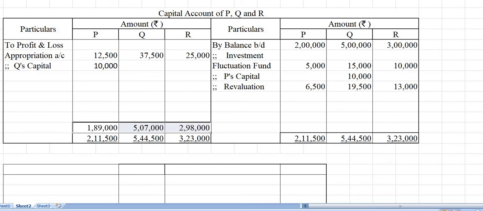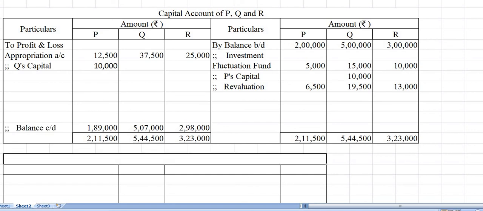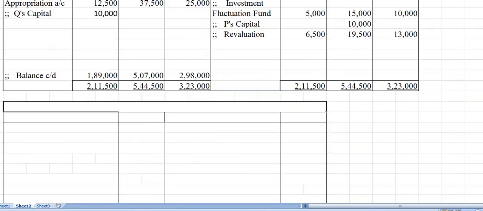Balances we will find out for P 1,89,000, Q 5,07,000 and R 2,98,000. So this is the capital account balance, that is the closing capital balance that will be transferred to the balance sheet. So this is the closing capital balance of partners.